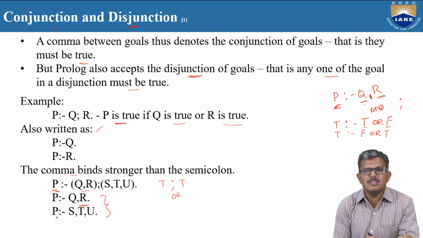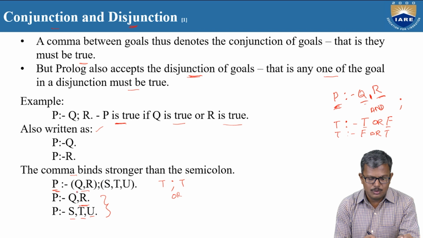If you want to prove this true, first you need to prove S, T and U are true. Individually, you have to prove that Q and R are also true. Whenever you look at this particular portion, you must prove both Q and R are true, and here you need to prove that S, T and U are also true.